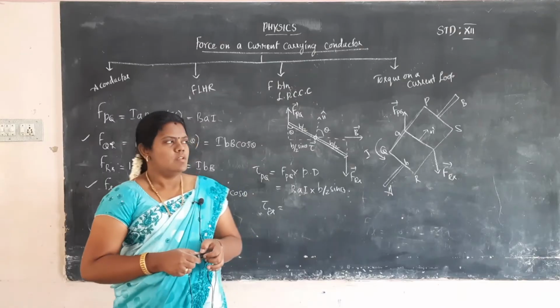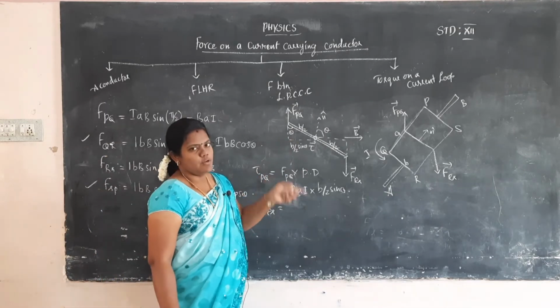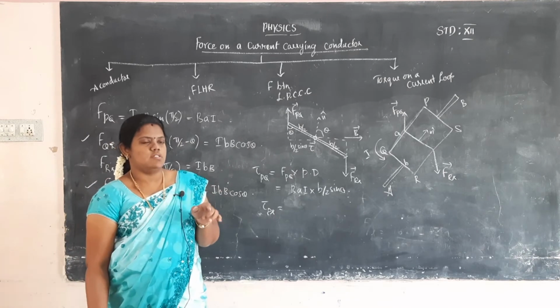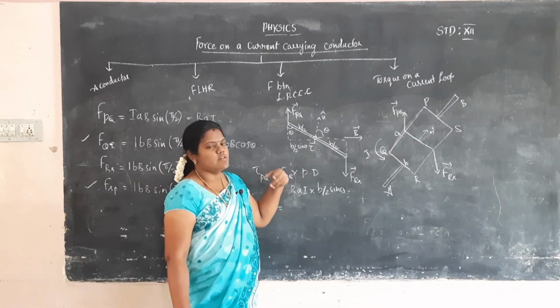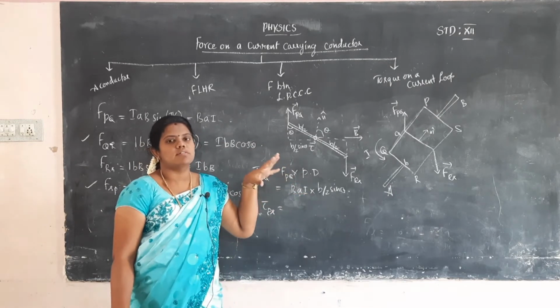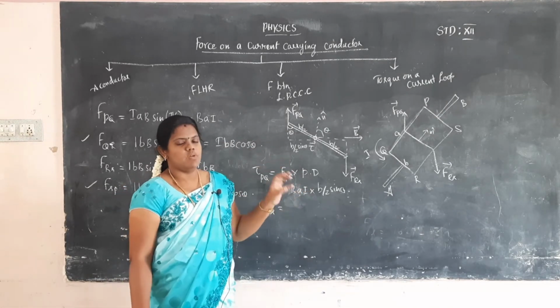Okay, now the torque on a current loop. We consider one closed loop, so the current flows on four sides and the conductor experiences torque. What is torque?